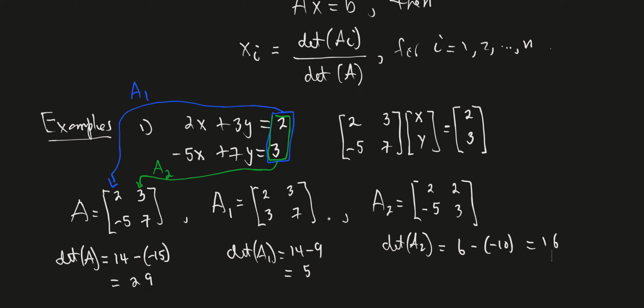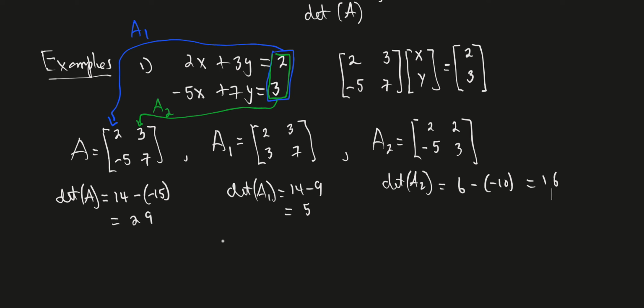And then I can write down what x is. So my first variable, or whatever variable is represented by my first column here, its unique value is the determinant of A1 divided by the determinant of A. So this number divided by this number.